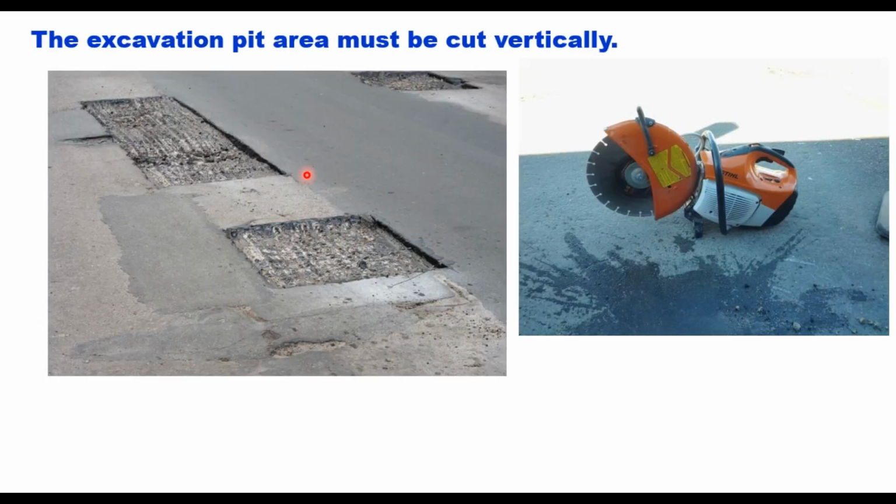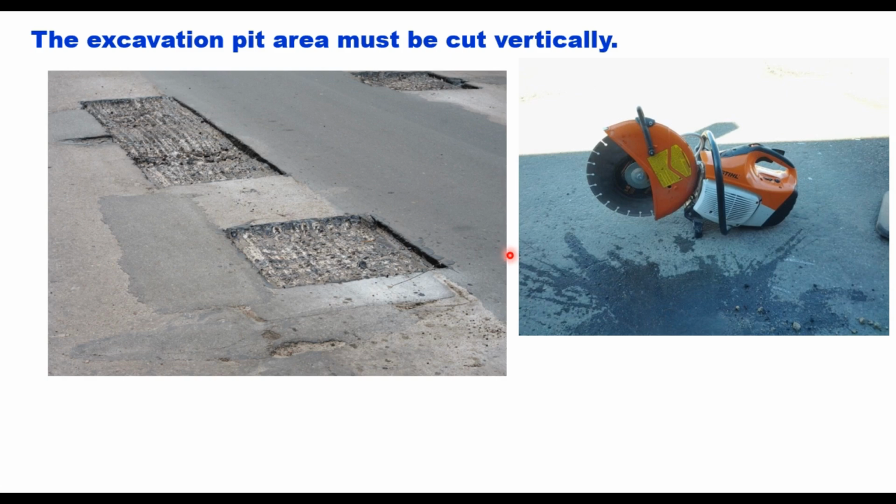The edges of the potholes are often cut to create a rectangular or square shape with straight vertical edges. And this allows the repair material to adhere more effectively and prevents further cracking around the patch. Now this shaping can be done either manually using chisel and hammer, or by jackhammers or saw cutter also to give the shape.